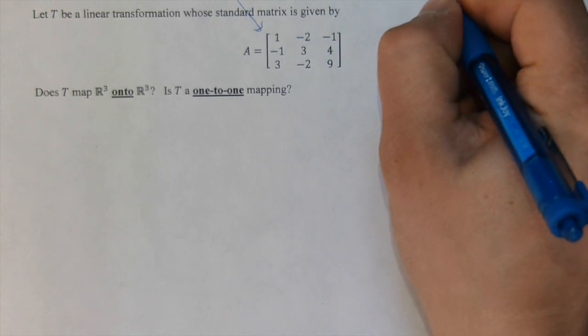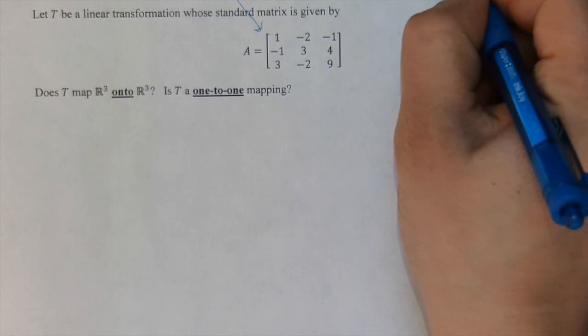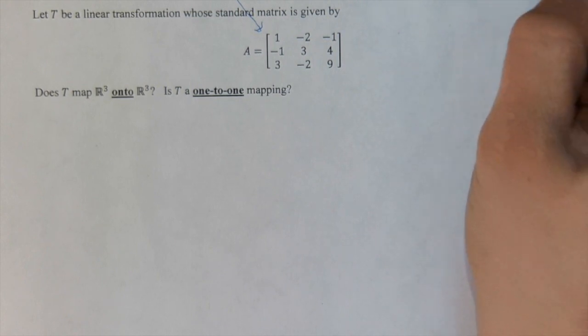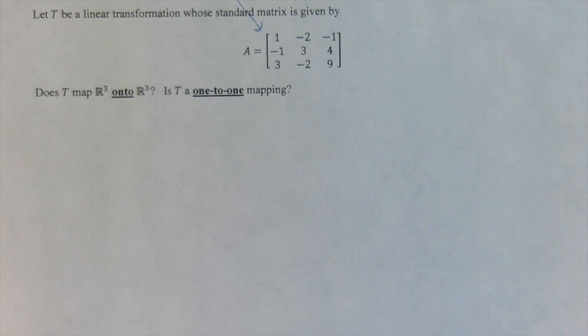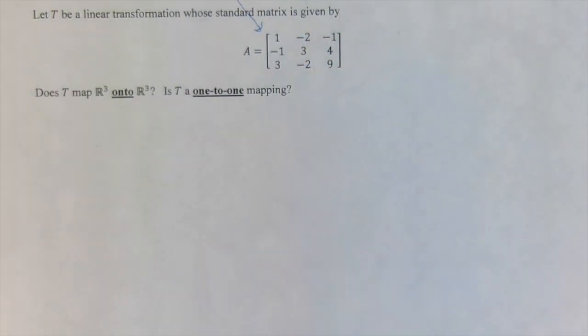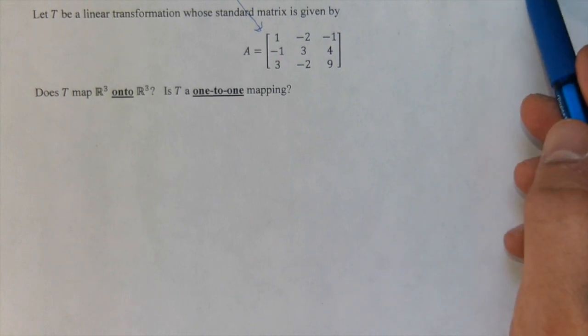Again, because those are the dimensions of A. You multiply by things that are 3 by 1, and they end up being things that are 3 by 1, so that's why it's 3 to 3.